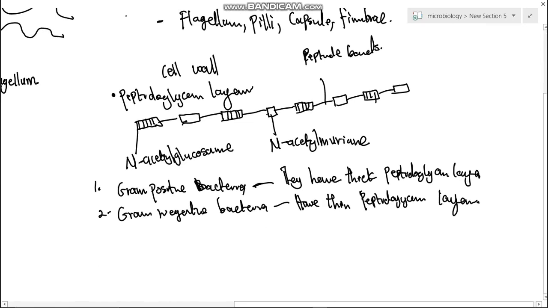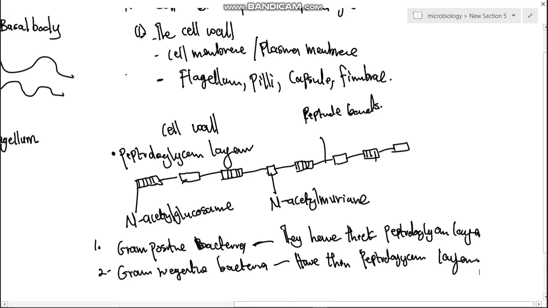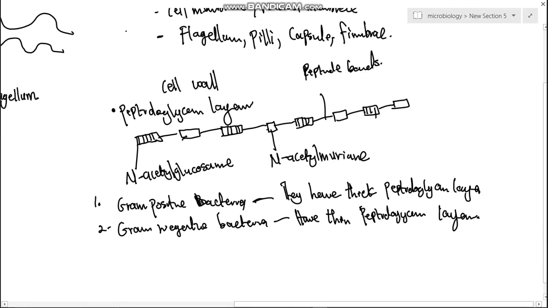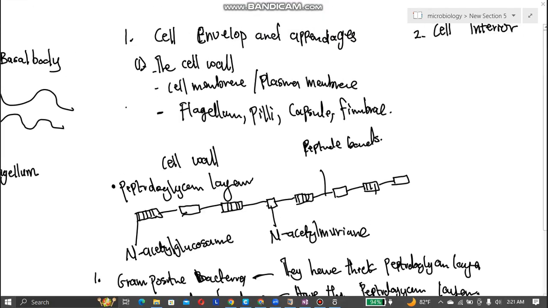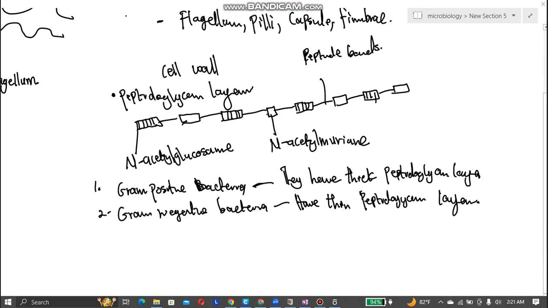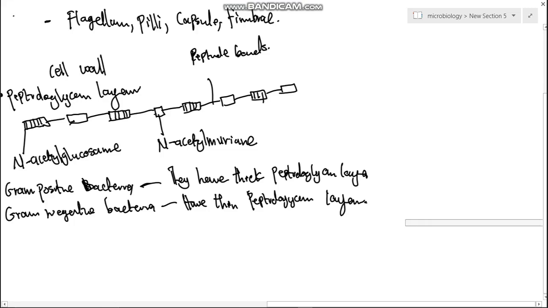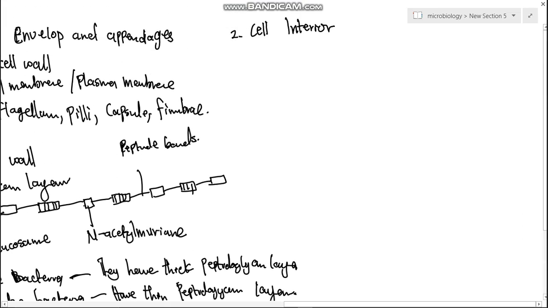Now, the gram-positive bacteria cell wall structure has different chemical constituents than the gram-negative bacteria. So let's talk about the major components of the gram-positive cell wall.